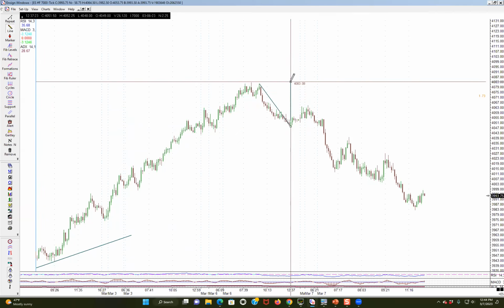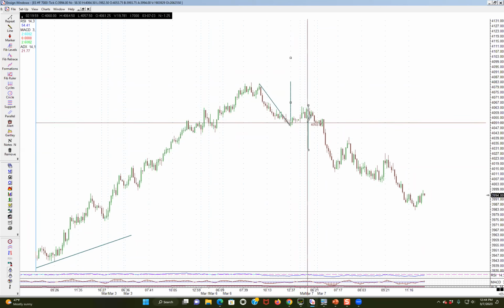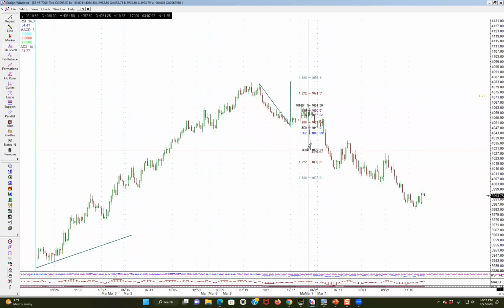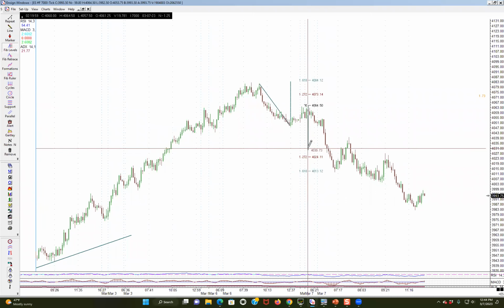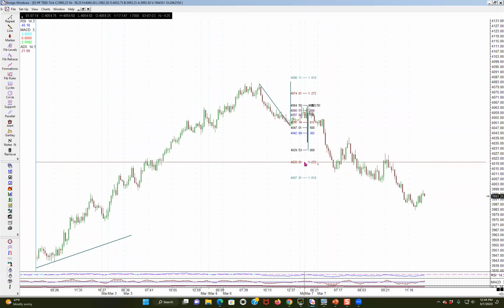It looks about right. So I'll clone this, that's about the length of the move. If we put that there, let's see if we get a fib ratio. So it extends very close to the 127.